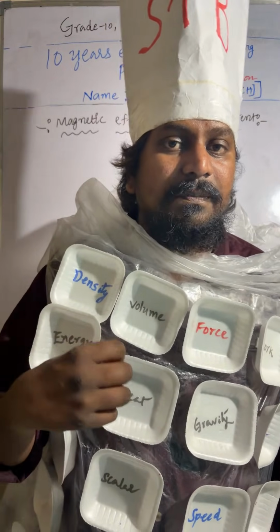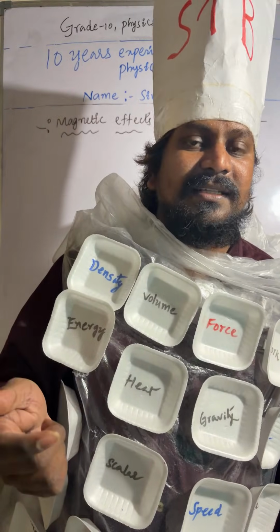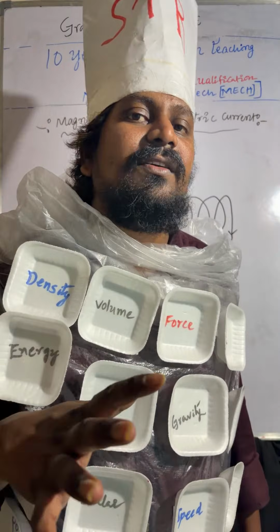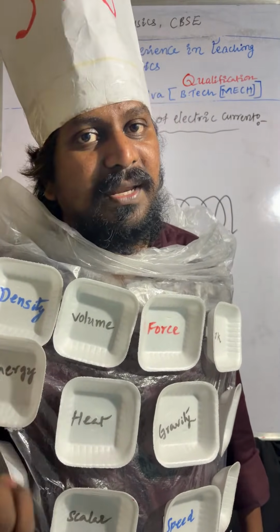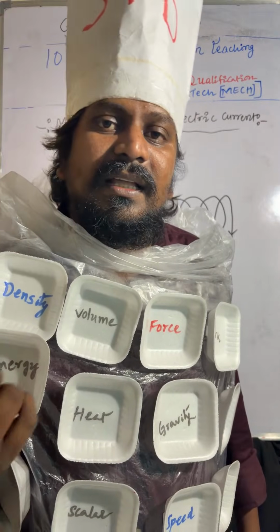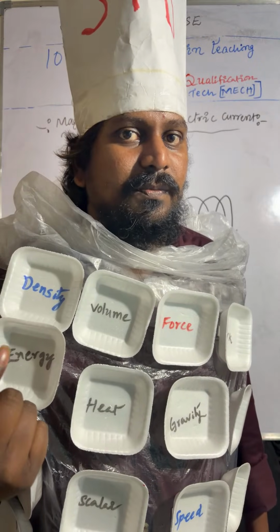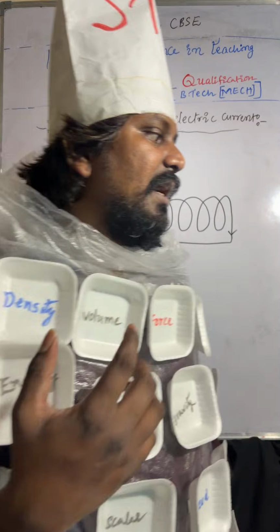If the current is passing, automatically magnetic field will be produced. If you place the north of the compass and it is repelled, then it is the north pole. If we place the south pole of the compass and it is attracted, then it is automatically the north pole. Understood or not? By that also we are able to understand.